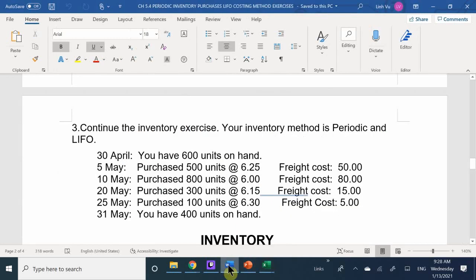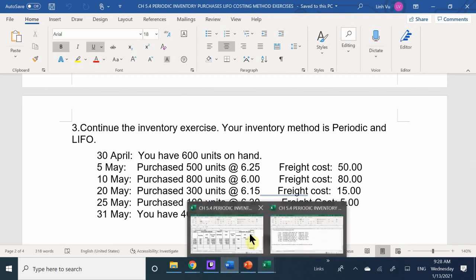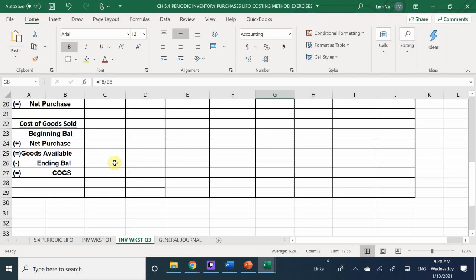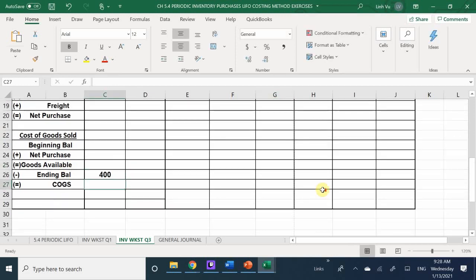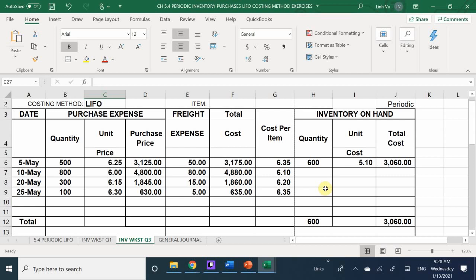And then lastly, it says on May 31st, you have a total of 400 units on hand. So I'm going to go ahead and plug this in right here. Now that I've solved the rest of my scenario, let's go ahead and solve each column.